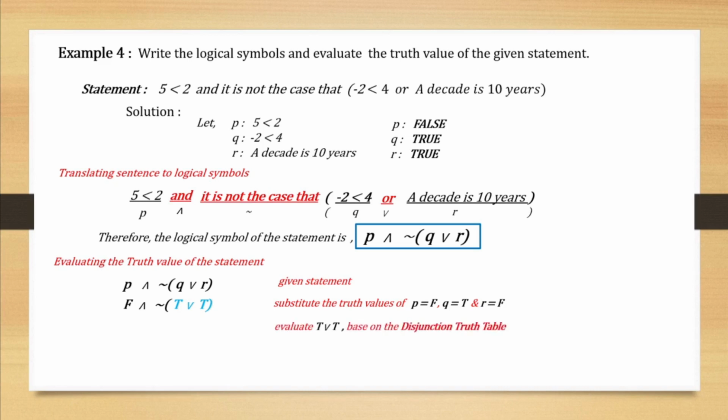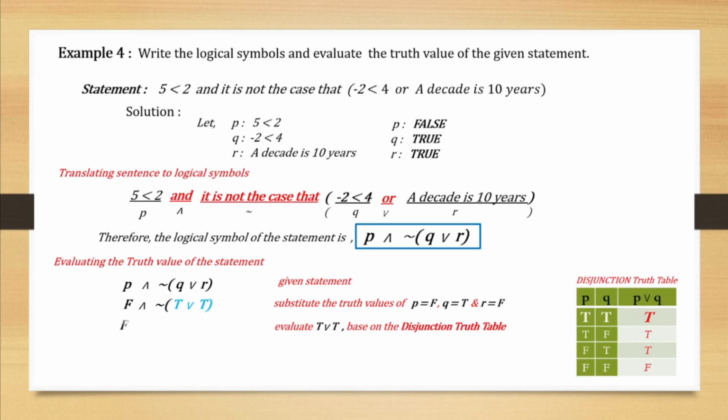Based on the disjunction truth table, when proposition P is true and proposition Q is true, the disjunction of P and Q is true. Then as we update our statement, it becomes false and negation true.